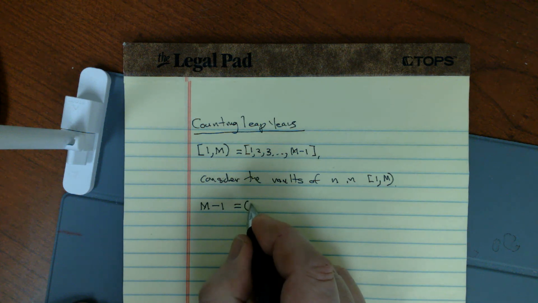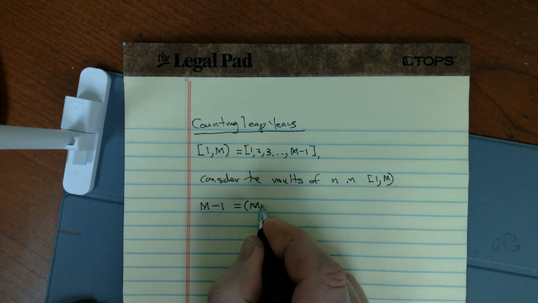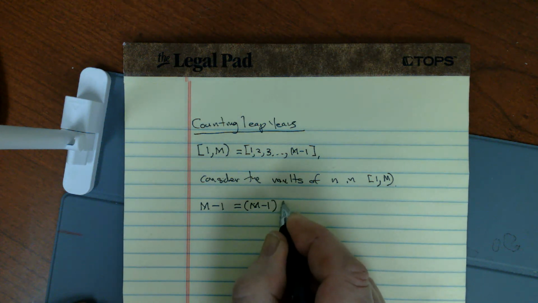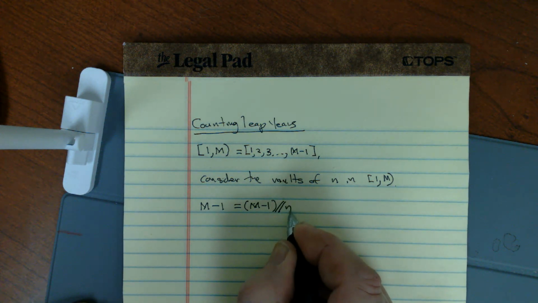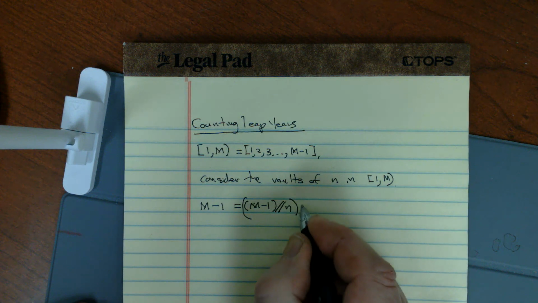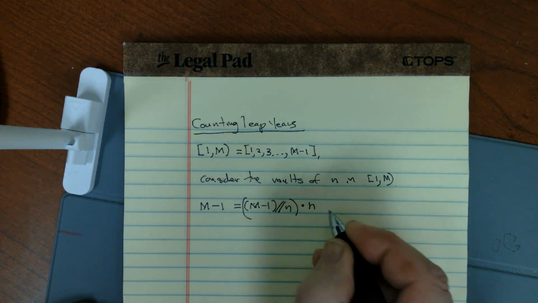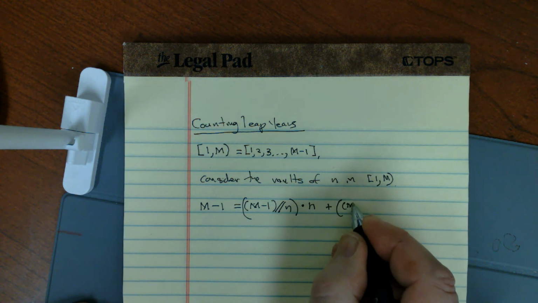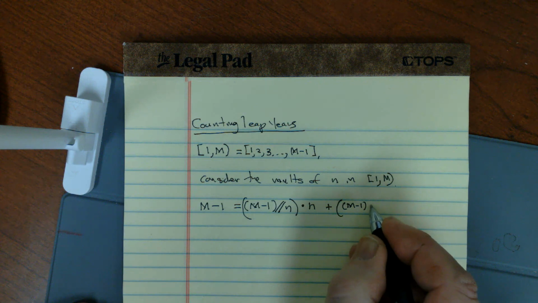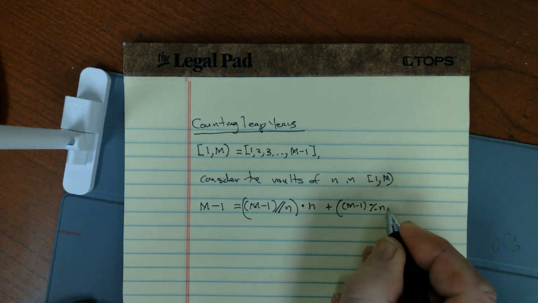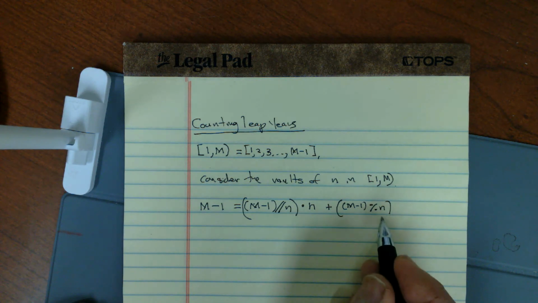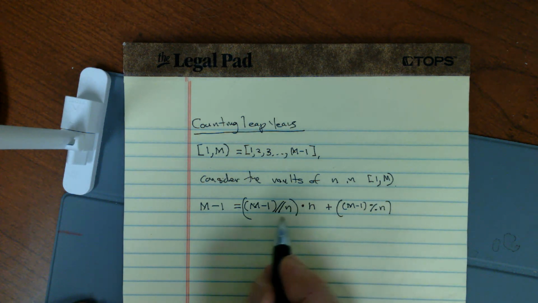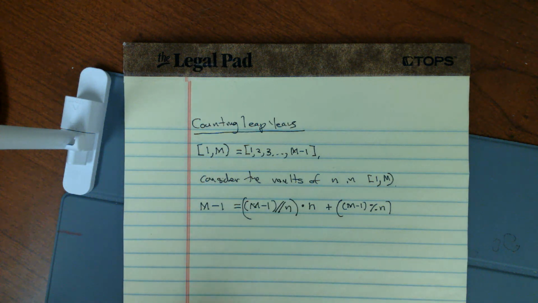M minus 1 is equal to (M minus 1 integer divided by n) times n plus (M minus 1 modulo n). Right? So this is strictly less than n. And this is, again, M minus 1 integer divided by n.